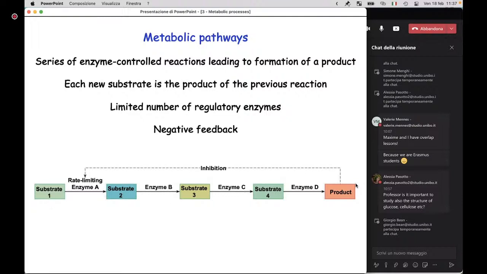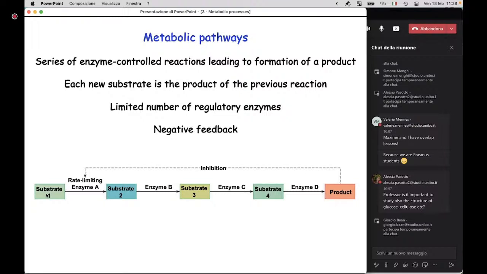This can be an anabolic pathway, where we take, for example, amino acids, and at the end we obtain protein, but it can be any kind of reaction, also catabolic reaction.